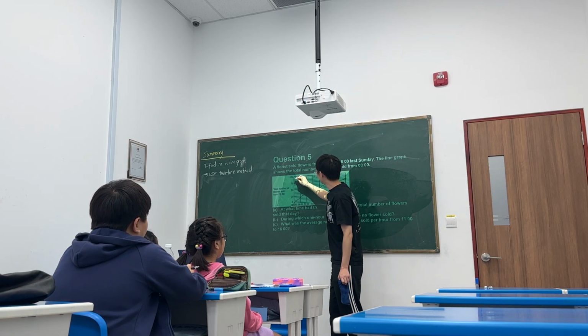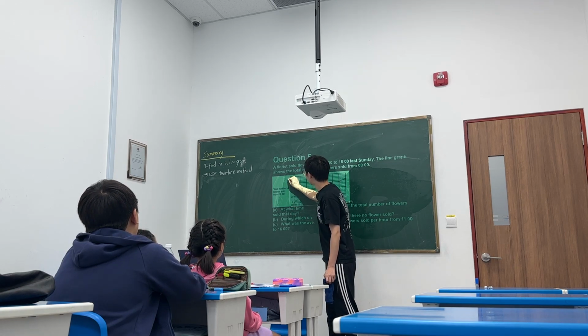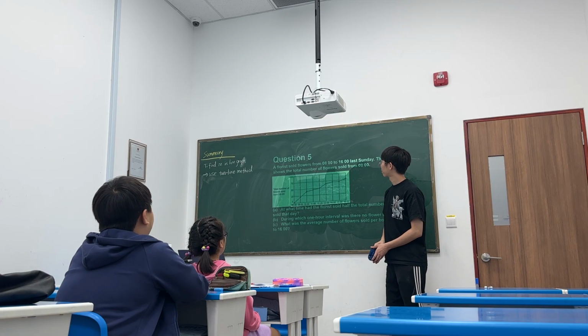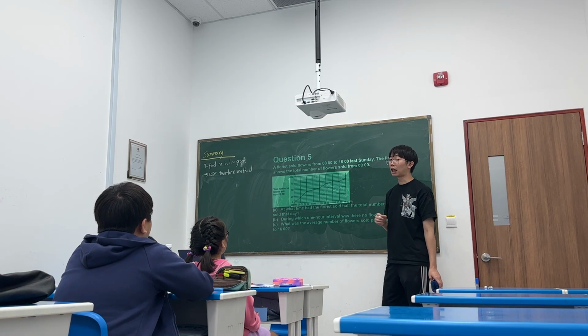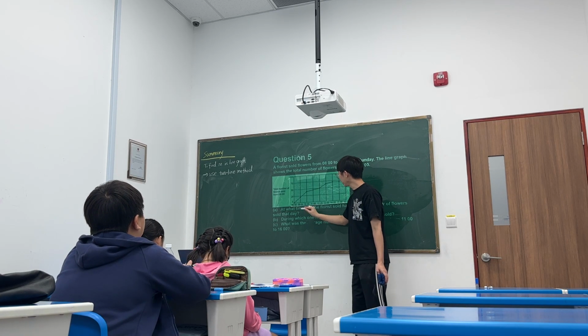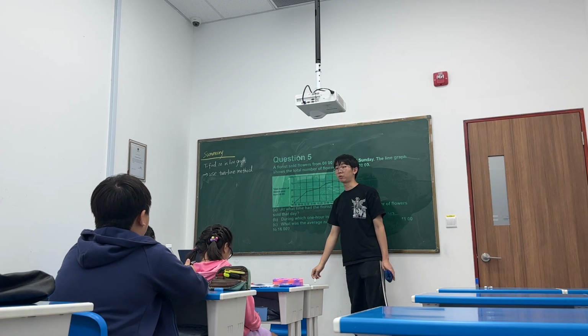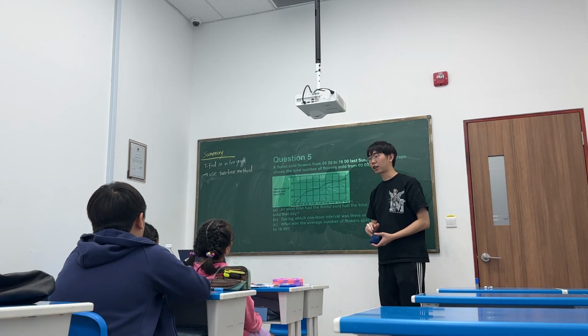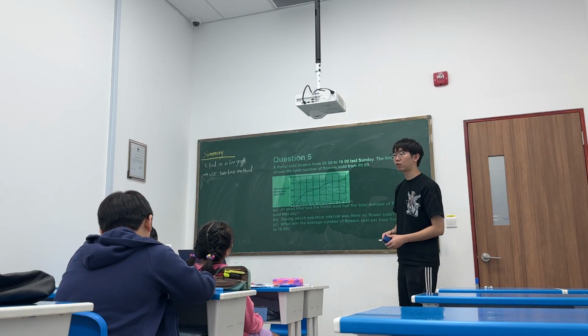How about vertically, Zhi Qi? How many flowers are sold? Now, for each interval, how many flowers does it represent? You can check your handout to count.